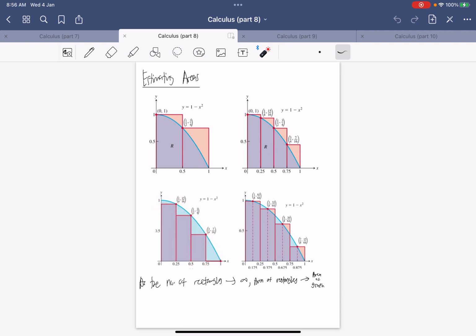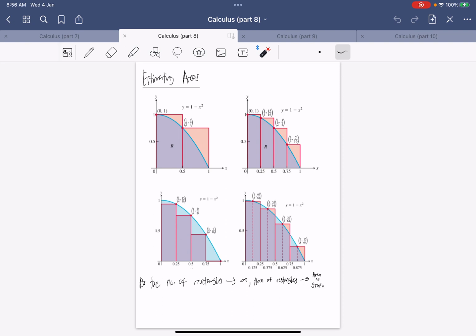And you can see you're overestimating when you do it this way, and underestimating when you do it here, because one draws the rectangle inside the graph, and the other draws from the outer side. Or you can even start the point in the middle, and the estimation might get better.